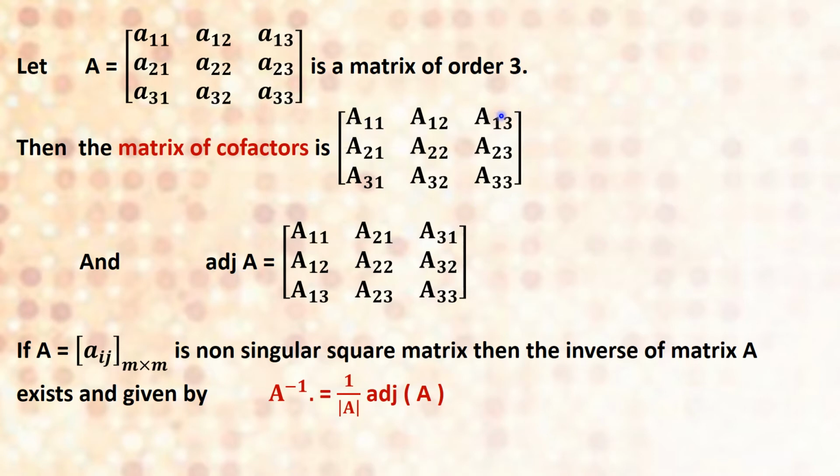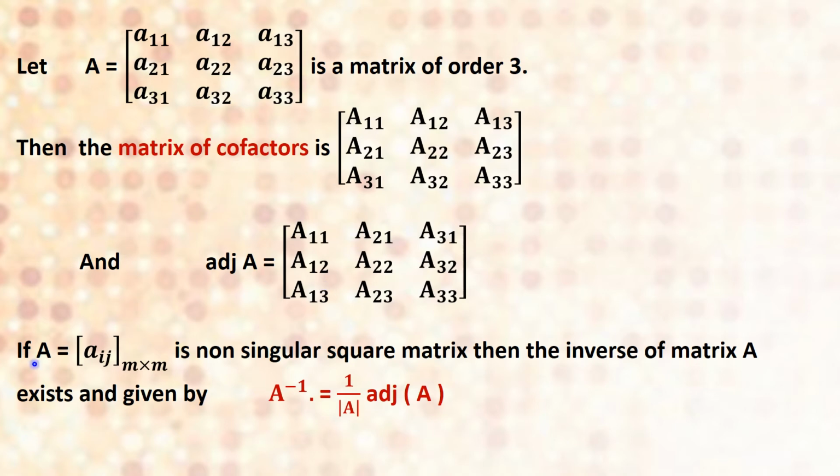So the first row will become the first column of the adjoint of A: A11, A12, A13 will become the first column, A21, A22, A23 will become the second column, and A31, A32, A33 will become the third column. In your textbook, there is a mistake in this adjoint of A. Just correct that using this matrix.